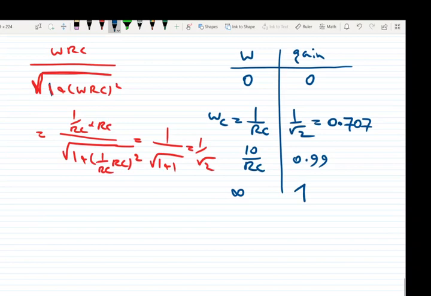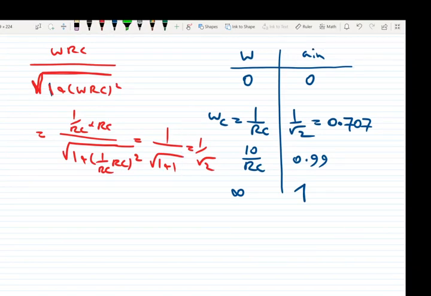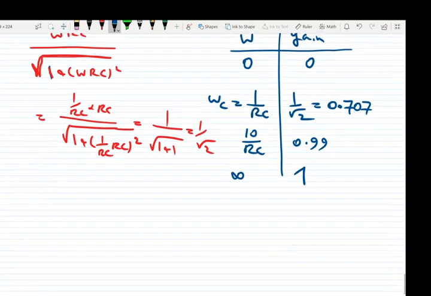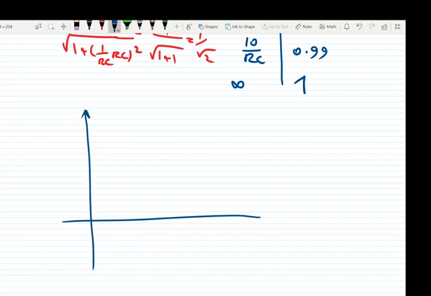So now, based on this information, let's plot the frequency response. Omega, gain, omega C, which is equal to 1 over RC. The maximum gain we know is equal to 1.